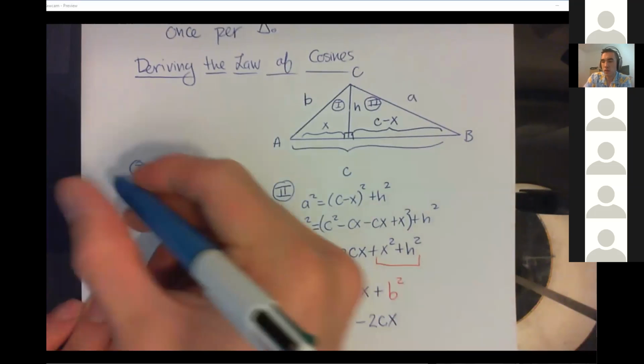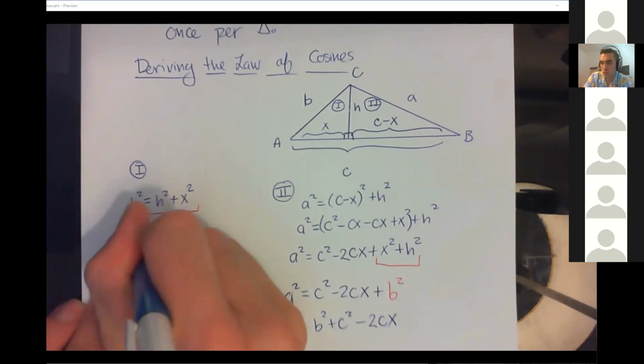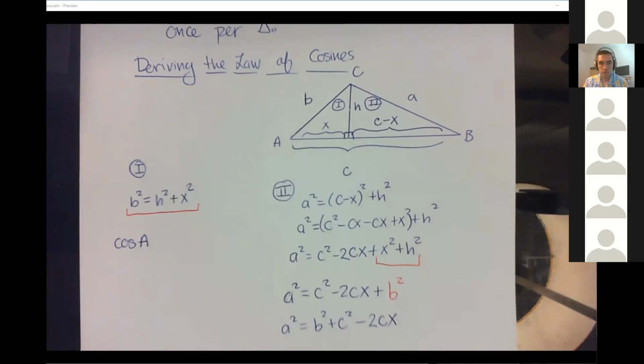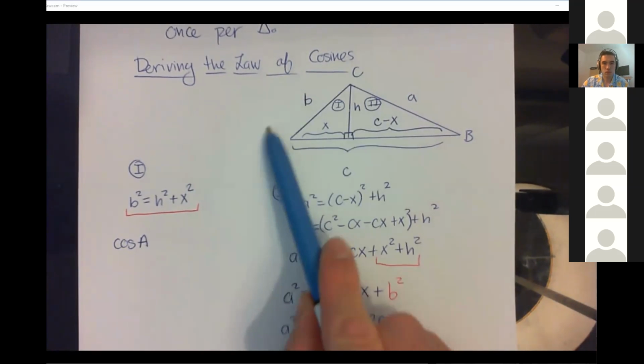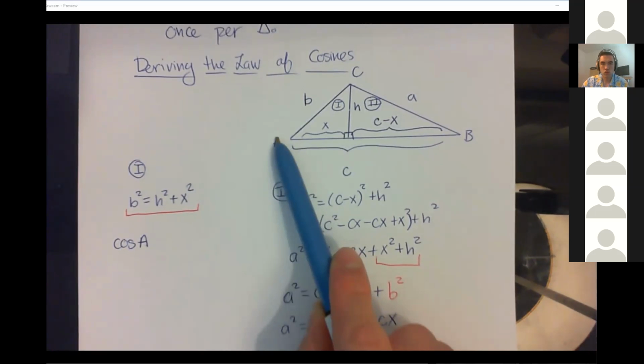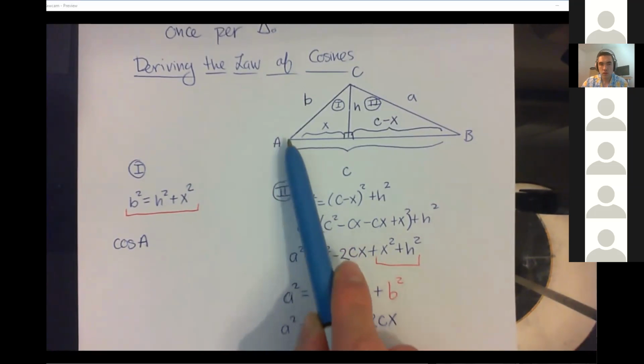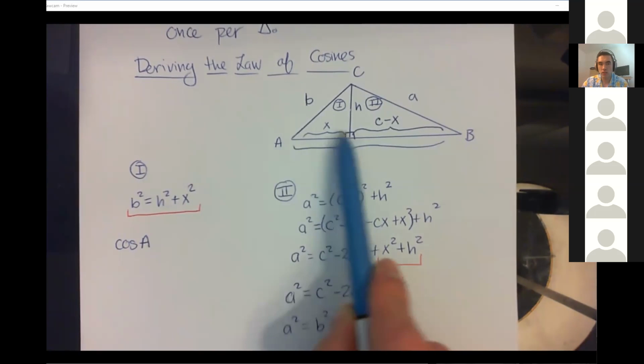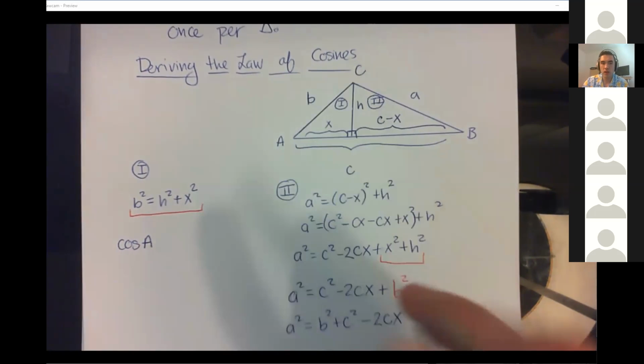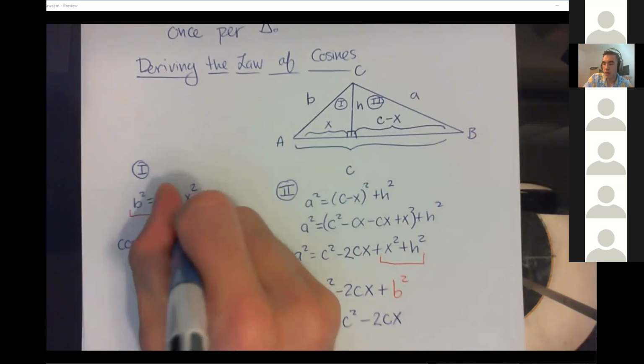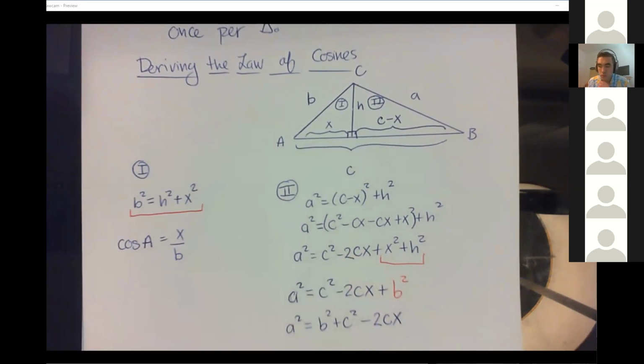What is cosine of angle A? It's h over... oh no, it's going to be x over b. Oh, I did sine. Yeah, so cosine is adjacent over hypotenuse, so that'll be the adjacent side x, divided by b, equals x over b.